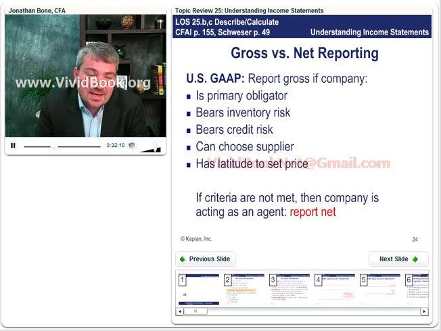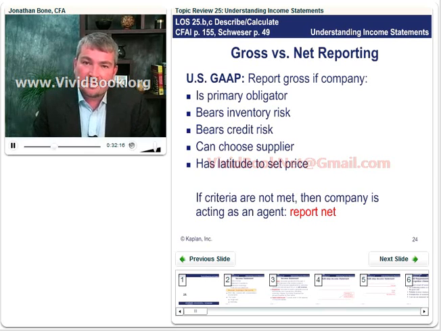So show the sales figure and show the cost of goods sold separately and as a result gross profit. If you don't meet the criteria, then essentially you're acting as an agent, so just report the net revenue.